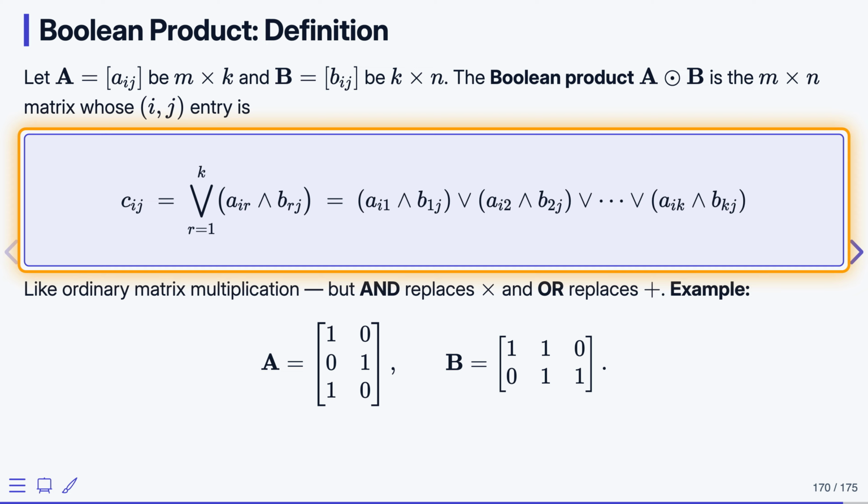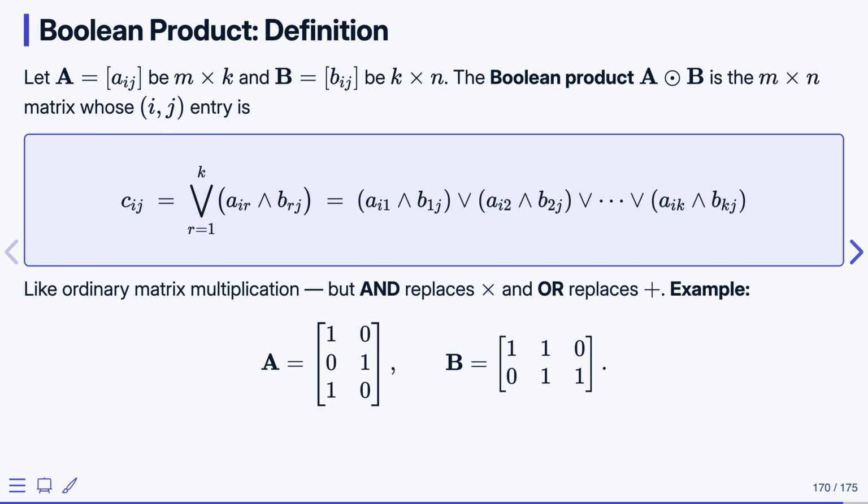For each pair we take the meet, the "and." Then we join all those results together with "or." So it is exactly like normal matrix multiplication, but "and" takes the place of times, and "or" takes the place of plus. In the example, A is 3 by 2 and B is 2 by 3, so their Boolean product will be 3 by 3.